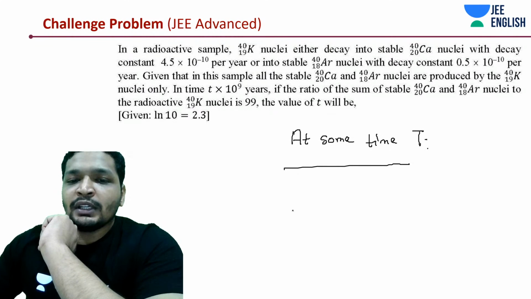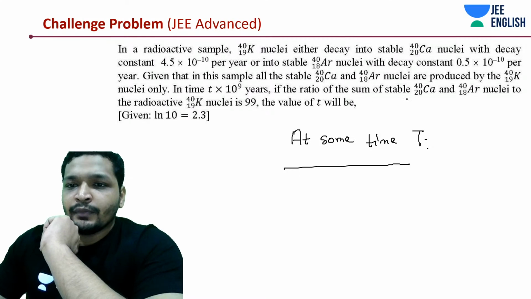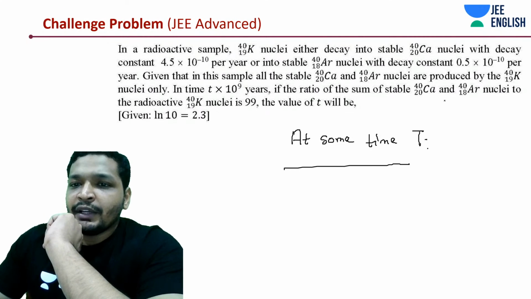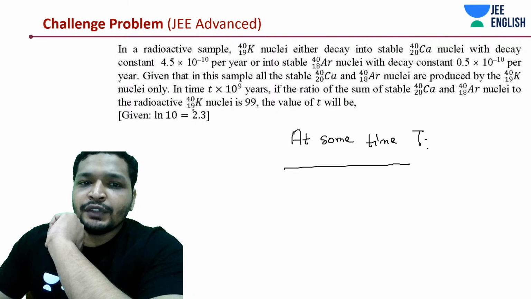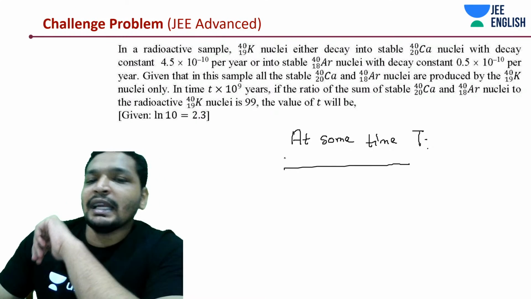At some time T, the sum of the stable ions to that of the radioactive nuclei is 99.